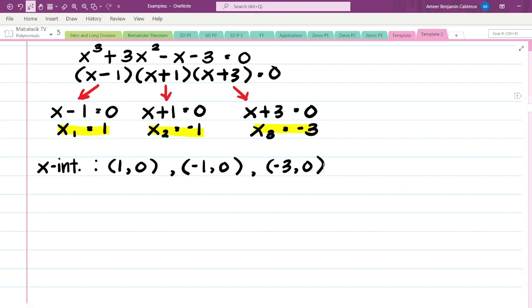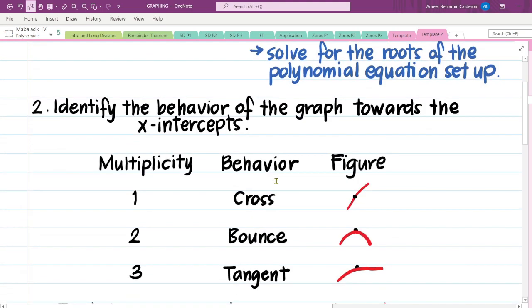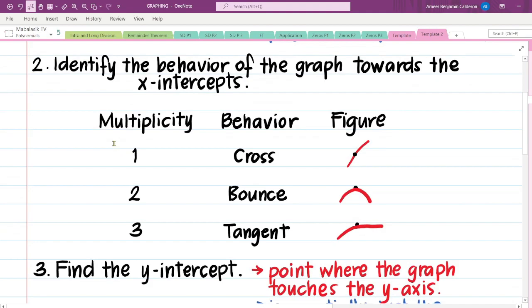Let us now go to our second consideration, the behavior of the graph towards the x-intercepts. Identify the multiplicity and the behavior, which is cross or tangent depending on the multiplicity.